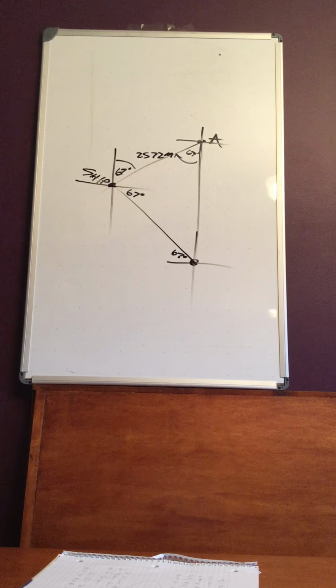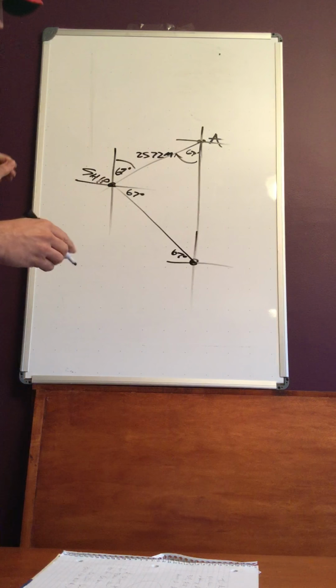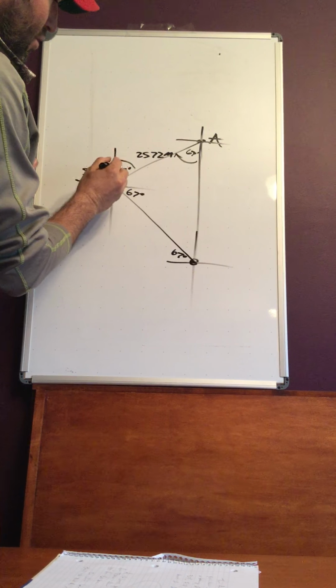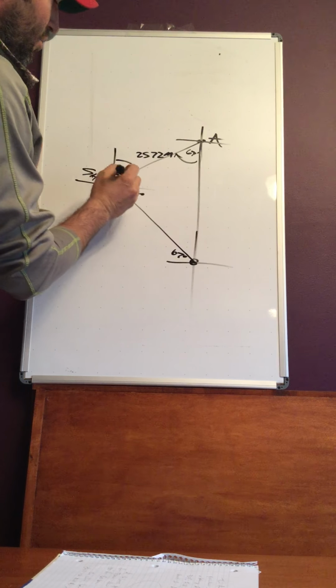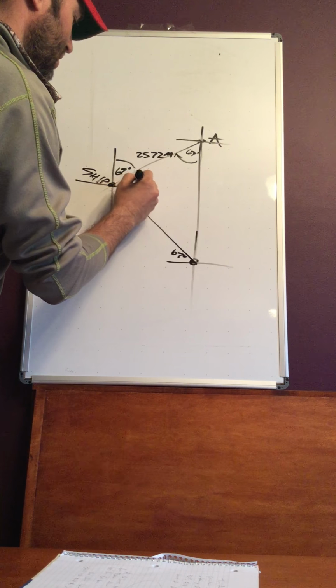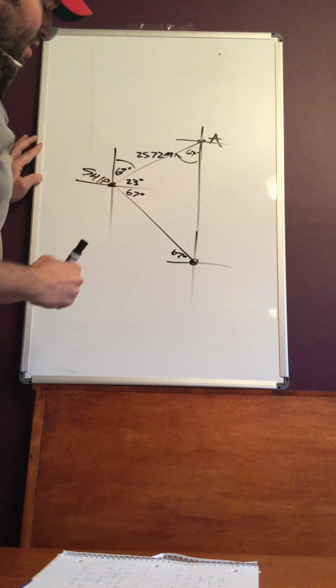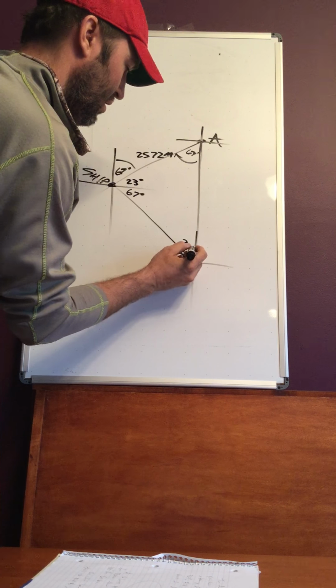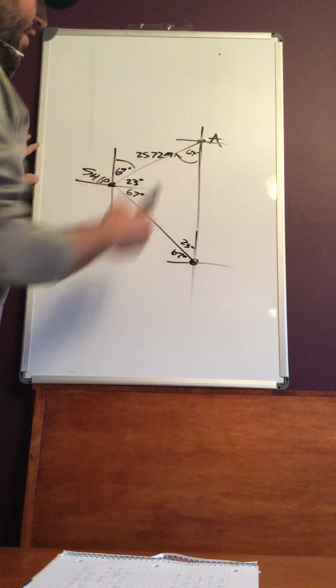Okay? At this point, we want to fill in any angles that we know. We do know that we are focused on this 90 right here. We've used 67. We have 23 degrees left over there.